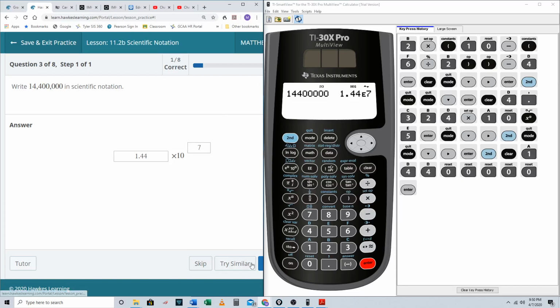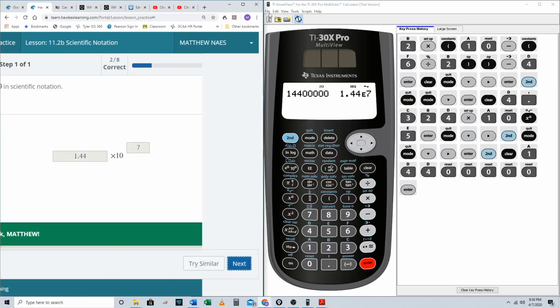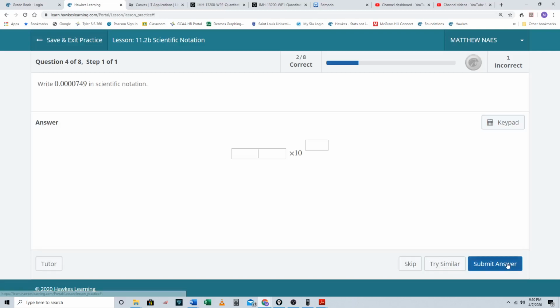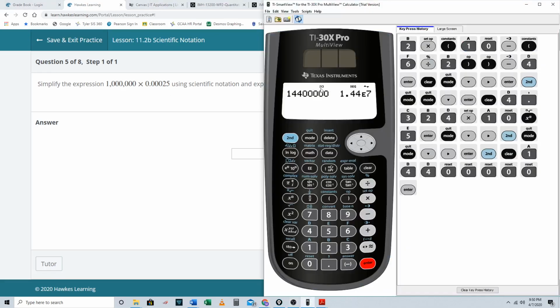So yeah, it'll put it in scientific notation for you. Same thing here, it'll put it in scientific notation, just it'll be negative, that's all. You can just put this in your calculator, and again, it'll put it in scientific notation as long as you have it set up to put every answer in scientific notation.